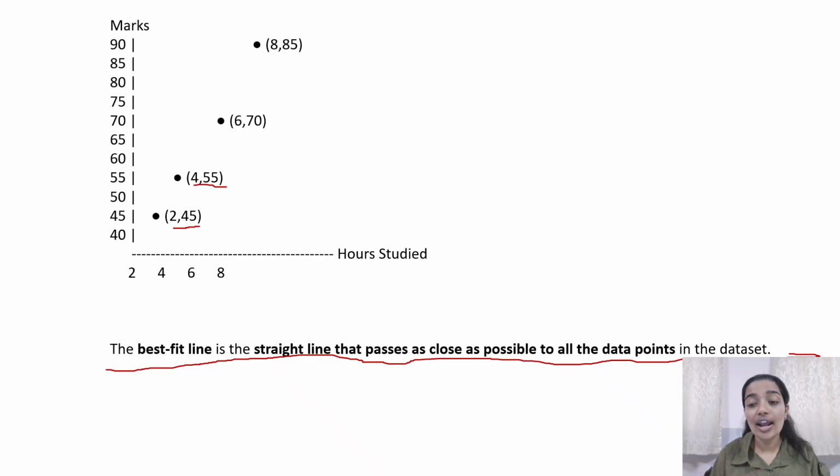We don't want a line as far as possible, we want a line such that the nearest data points are very close to it. That is the best fit line in linear regression.